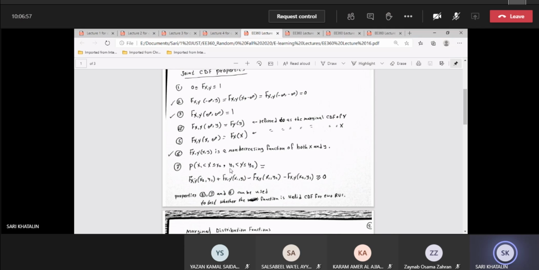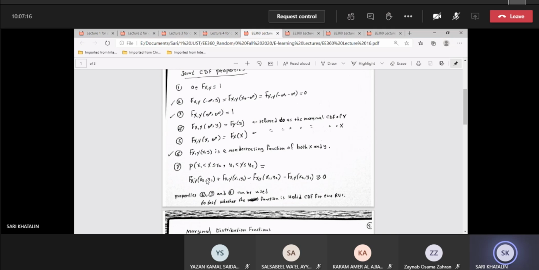The last one is the joint probability of x between x1 and x2, and y larger than y1 and less than or equal to y2.